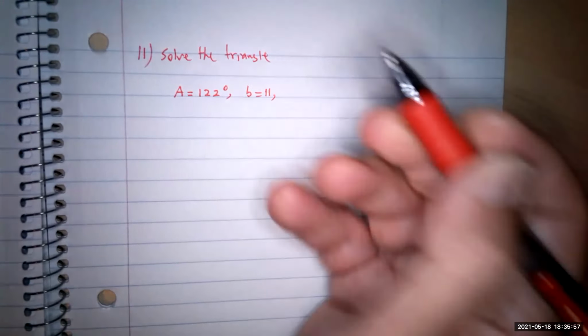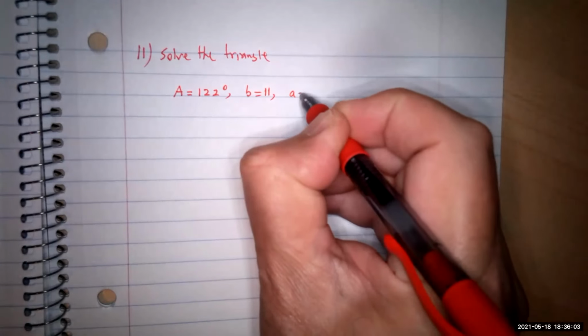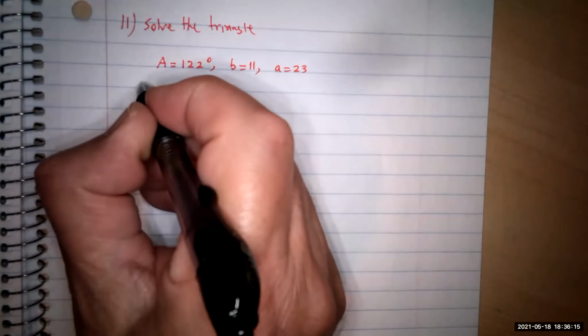The unit, if they give you the unit, otherwise there is no unit, so it doesn't matter. And a is equal to 23. You can call it inches if you like. So this is the information that we have, and we want to solve the triangle. Okay, so get a graph of a triangle, put this information on it.